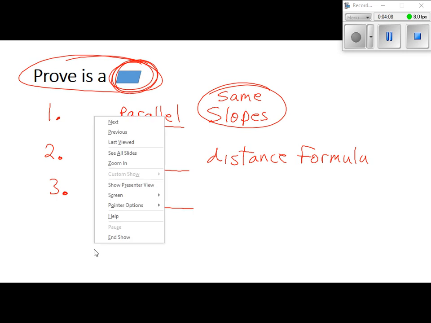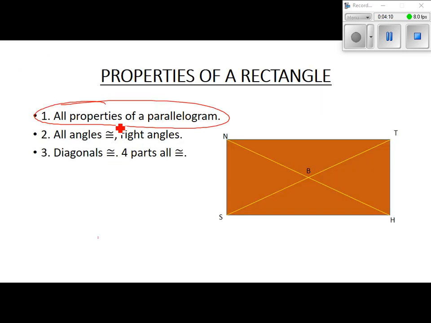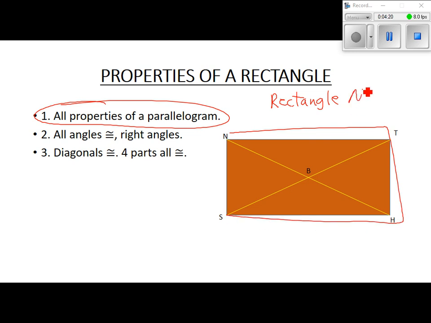So when you're naming a rectangle, if I was going to name this rectangle, I just have to name it rectangle, and then I go around it in some kind of order. Maybe N, T, H, S, but you have to write out the word rectangle, and that's the way with all of them. If it's a square, a kite, a rhombus, so on, you have to write out the word in front of it.